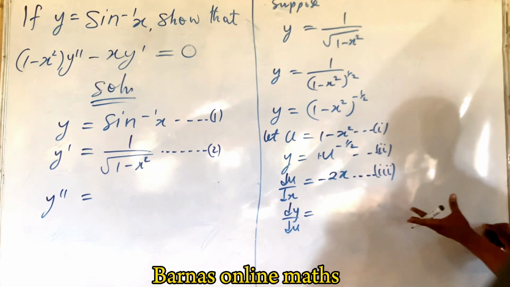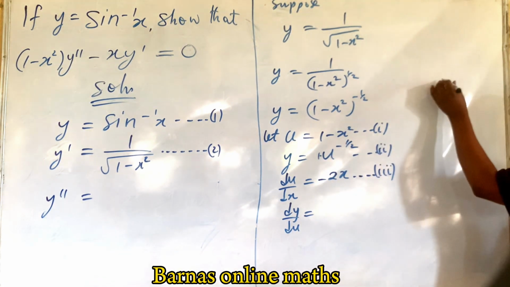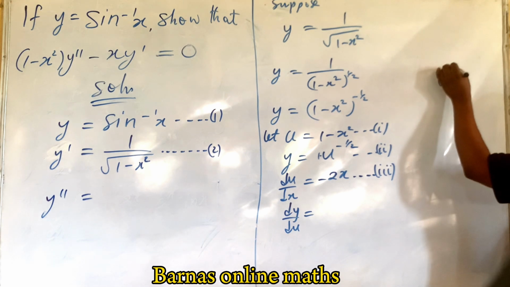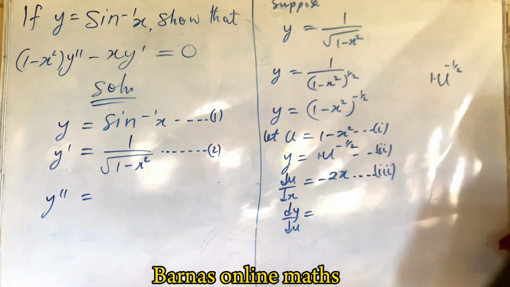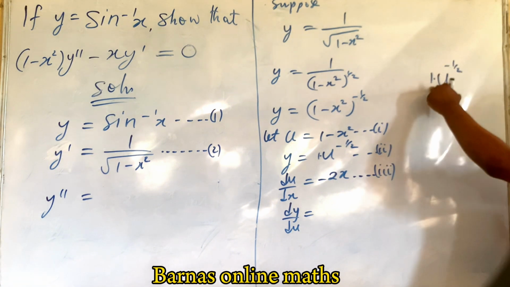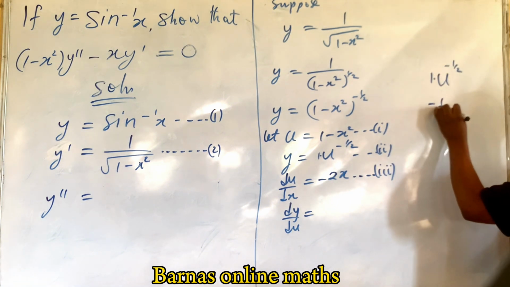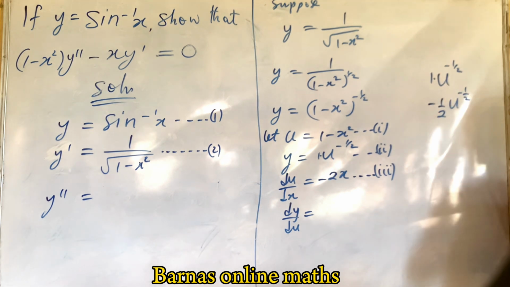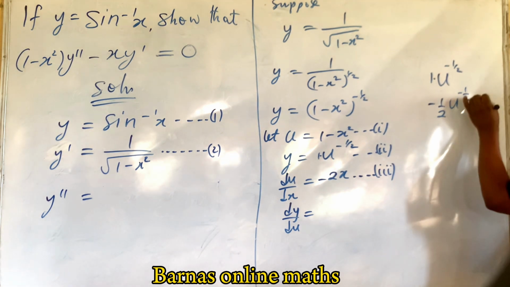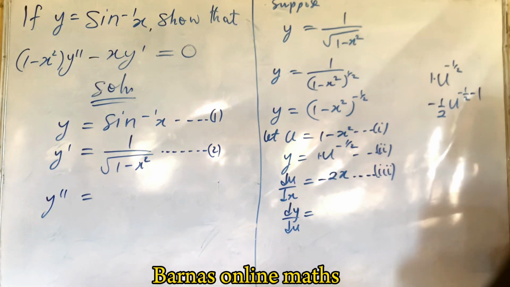So if we differentiate, we have u to the power minus 1 over 2, and the coefficient is invisible 1. Half times 1 will give us half. Then u to the power minus 1 over 2 as it is. Subtract the power by 1, minus 1.